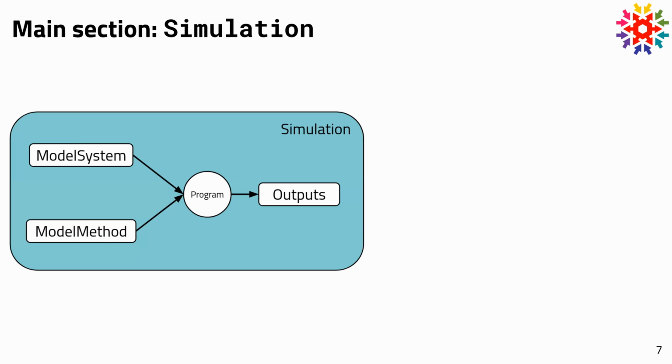So what we have is a set of sections or subsections that are going to live under our main concept called simulation. We divide these between inputs, which are the model system and model method, and then outputs. And then we also want to encode some information about the program that we are using.